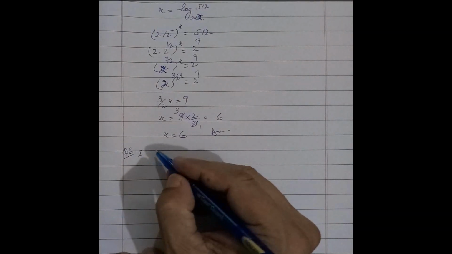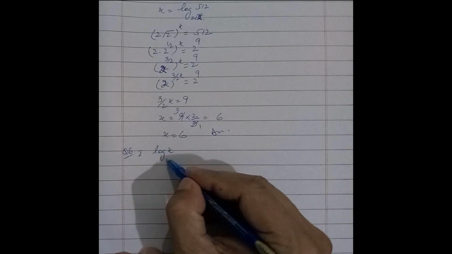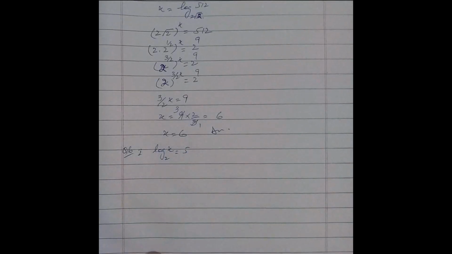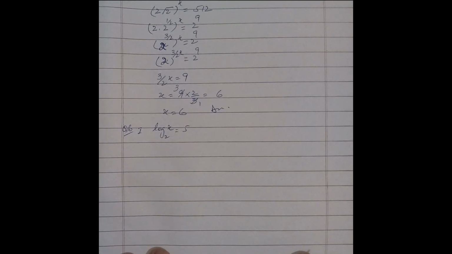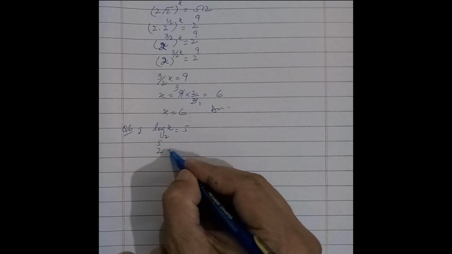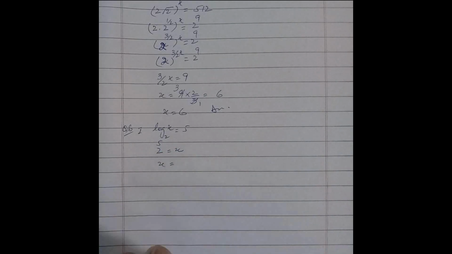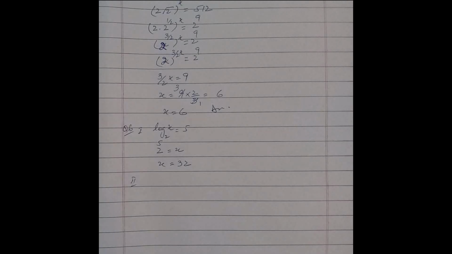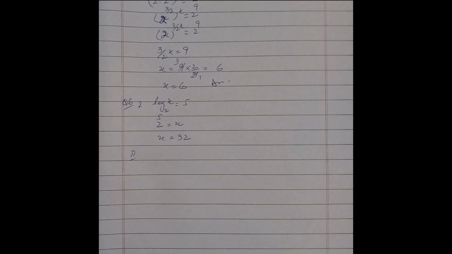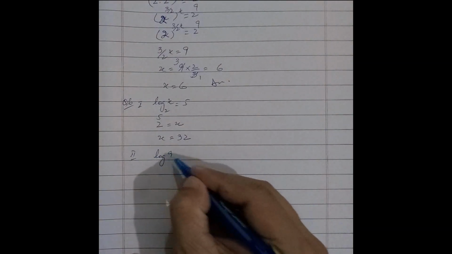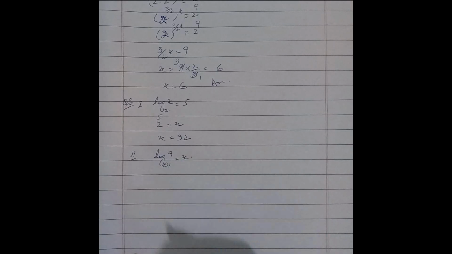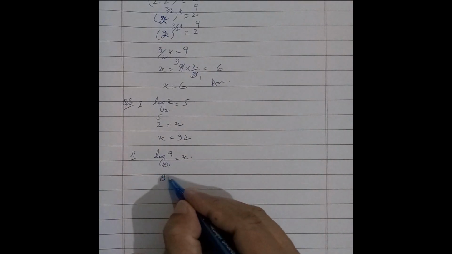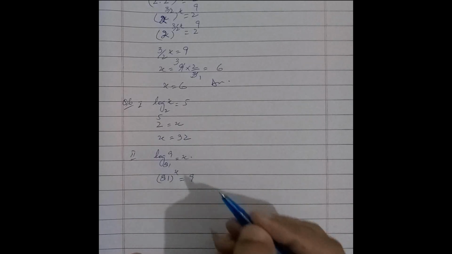Question 6, part 1 is log x base 2 is equal to 5. When we shift to exponent form, it is 2's power 5 is equal to x, or x is equal to 2's power 5, which is 32. Next, part 2 is log 9 base 81 is equal to x, and we write it as 81's power x is equal to 9.